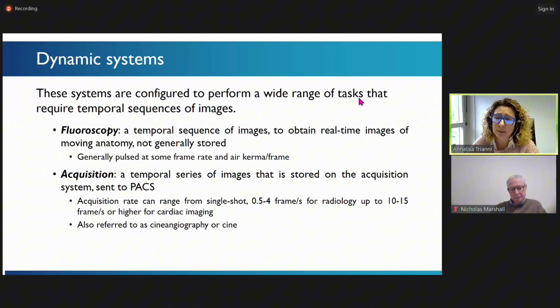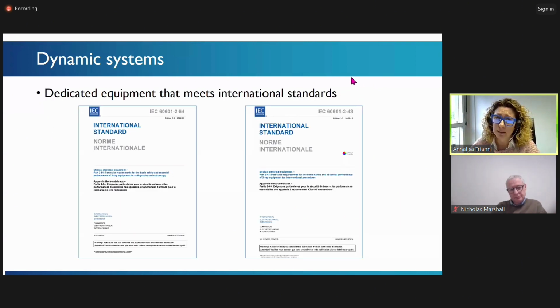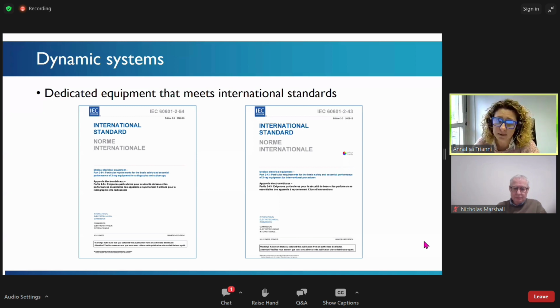Dedicated equipment needs to meet international standards, like, for example, the IEC guidelines 60601-2-44 and 2-43, which are dedicated to fluoroscopy equipment on the left side and to angiography equipment, so equipment that is supposedly dealing with higher dose procedures, the 43.